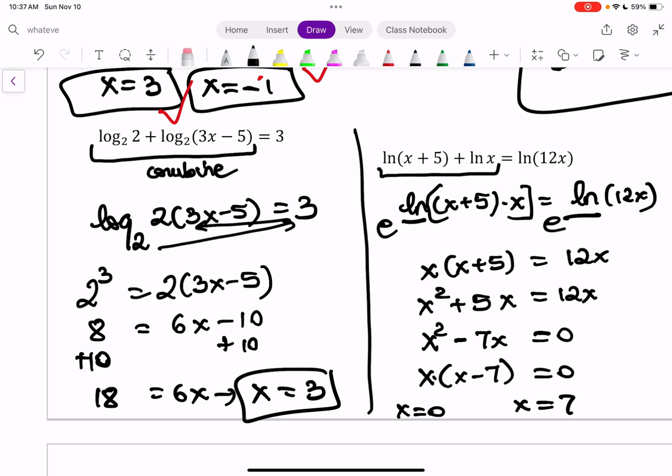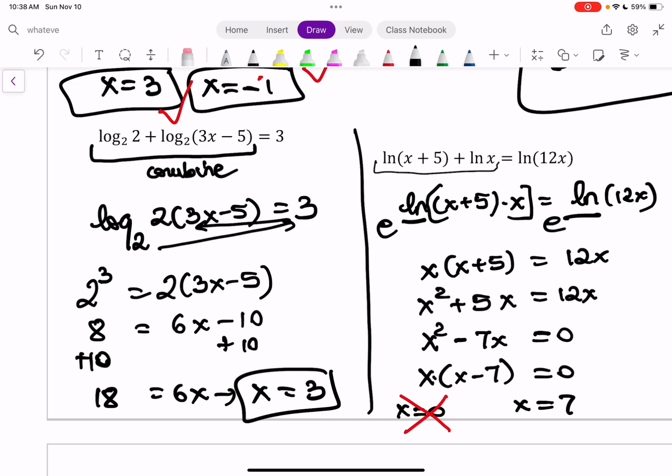X minus 7 equals 0 makes x equal to 7. And of these two numbers, x equals 0 does not work because you cannot have 0 inside the log. 12 times 0, by the way, is also 0. Put in ln of 0 in your calculator and it's going to say, nope, not in the domain. So don't do it.